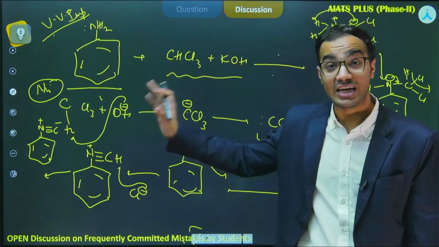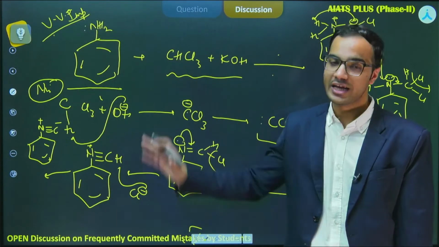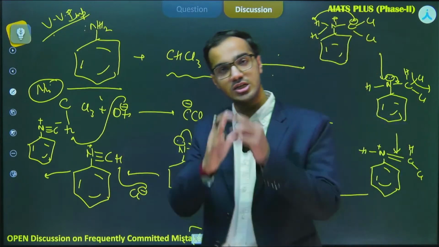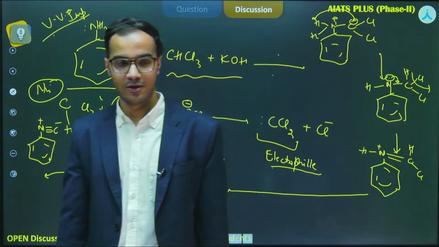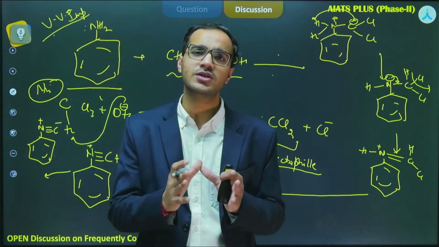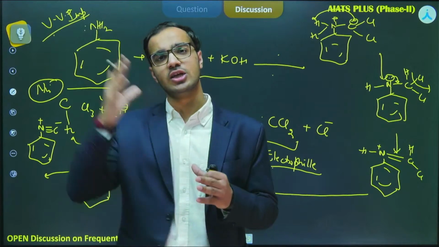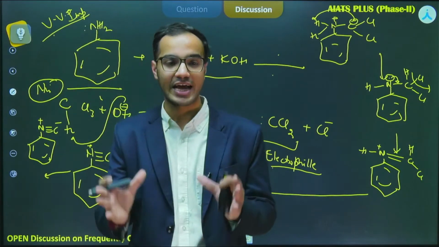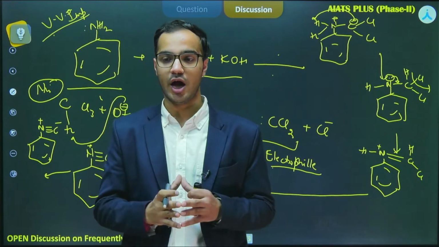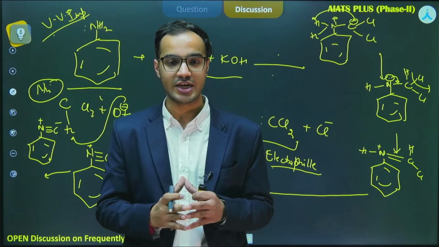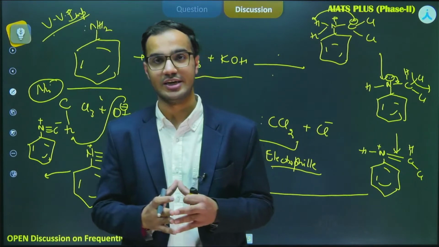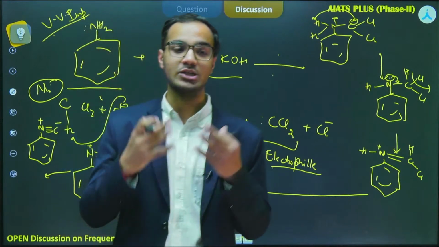You are getting the isocyanide as a major product in this sequence of reactions. In this, after the Hofmann bromamide, you are getting the isocyanate, then you are getting the isocyanide as a major product. I hope this is clear to you all. Is it? Okay, let us move to the next concept or next question.